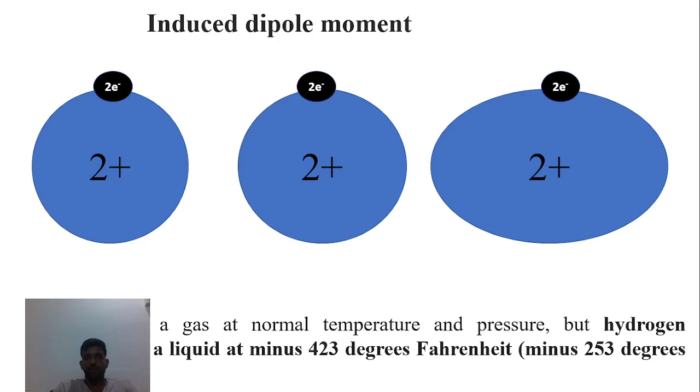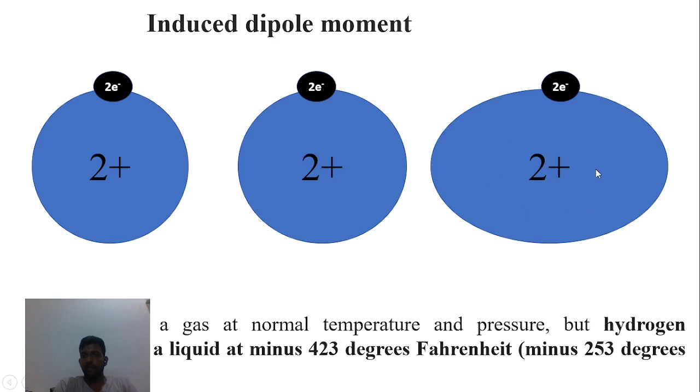So what is going to happen in this kind of system? Examples are H2, argon, noble gases. I am just taking H2 for convention. I am showing that there are 2 positive charges and 2 negative charges. For some time there is a spherical distribution of charges. Electrons are moving, and just because of this electron movement they tend to change their shape, and then there is a formation of an elliptical distribution of charges.